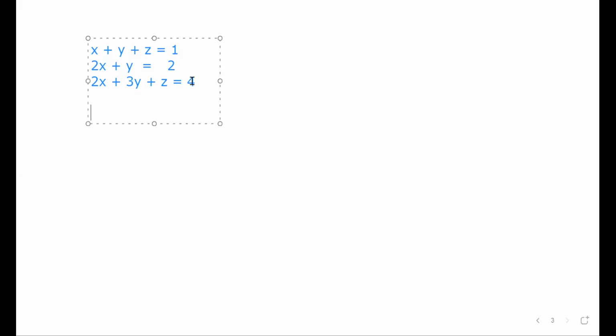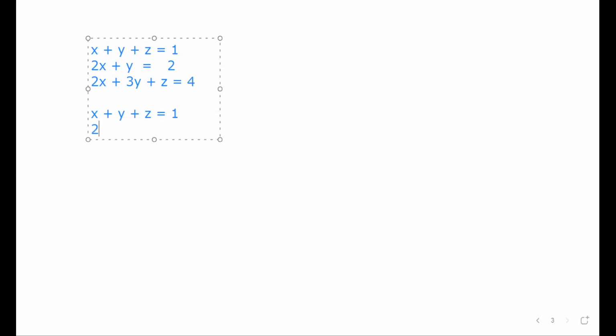From this one, you have to check whether it is rearranged or not. Look at the first equation, x, y, z, that is in order, no problem. Look at the second one, x, y, there is no z. Therefore, we have to rearrange the whole equation. So x plus y plus z is equal to 1.